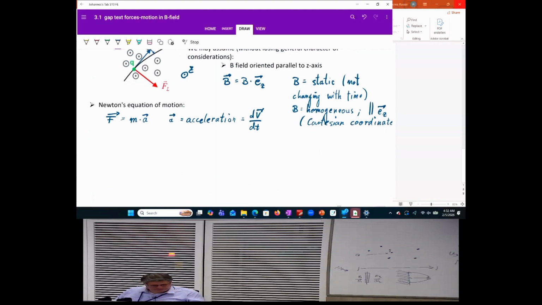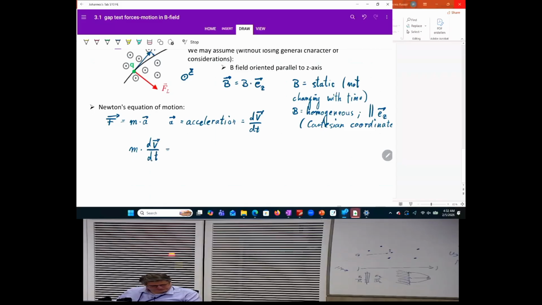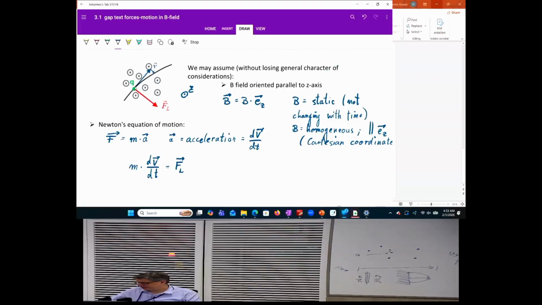And you have to balance this. So you have on the one hand side the mass times acceleration, and on the other side the force that is acting, that is taking an impact on that motion, which is the Lorentz force. So you see you have here that particle, that charge moving. This is the motion given at the instant t0, let's say. So it has a certain velocity, it has a certain mass, and that is this part of our Newton's equation.